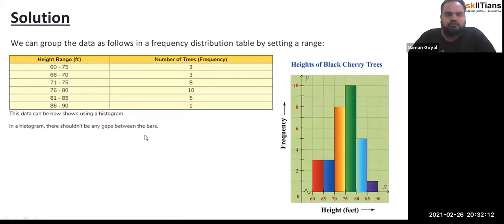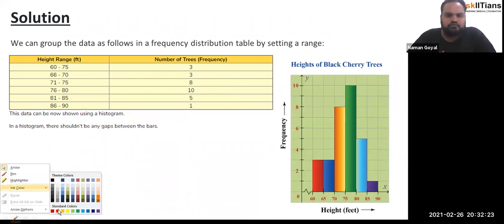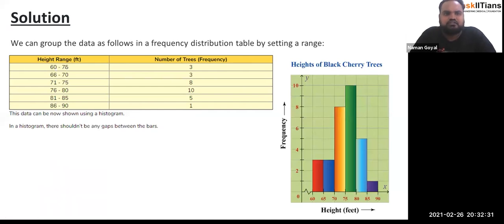So here, if you see what they take as the class interval in this question, they take class interval 60 to 65 first of all. Now they include 65 in this one, then they start 66 to 70.